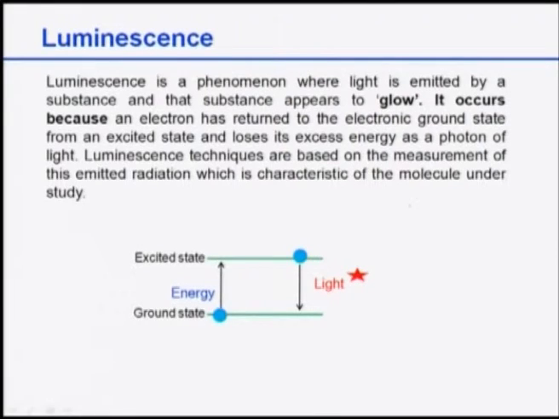Well, what is luminescence? Luminescence is basically a phenomenon where light is emitted by a certain substance, and that substance appears to glow. As you know, nothing actually emits light per se; when you see some object, it is because the light is reflected from that object.